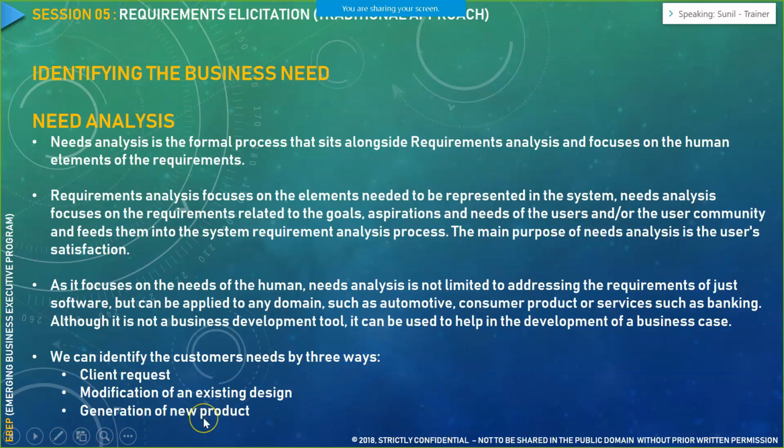It would be a new product development project wherein you would be developing the product right from scratch, or it would be a modification of an existing system wherein the system is already built. You are just modifying some features of that particular system. And then there would be a change request or client request wherein some new addition has to be done to the system.